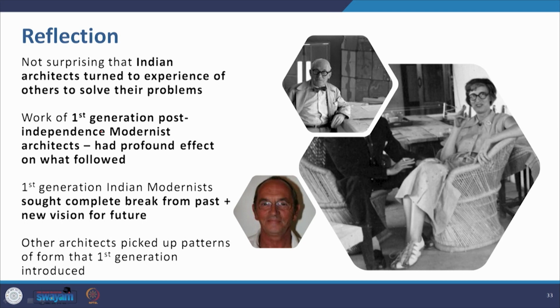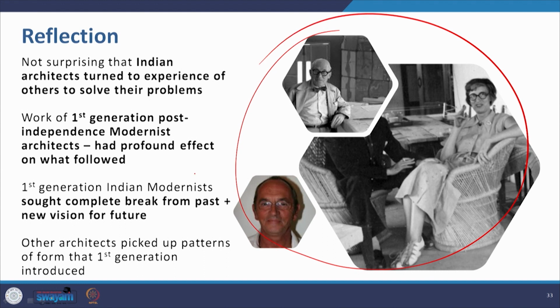This is the team of the architects involved with Chandigarh, Corbusier and Jean-Pierre Jeanneret, Maxwell Fry, Jane Drew, etc. And so we will come to the end of the first generation series with stating this, that other architects that we would read about in the later series would pick up from these patterns only.